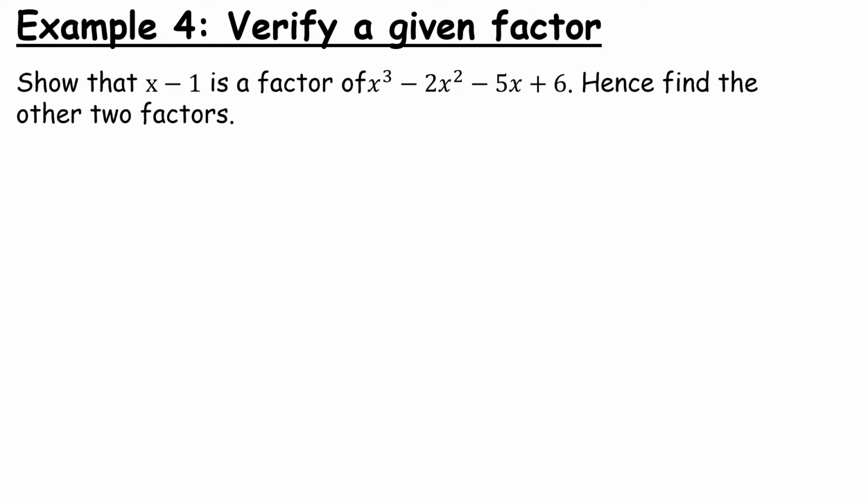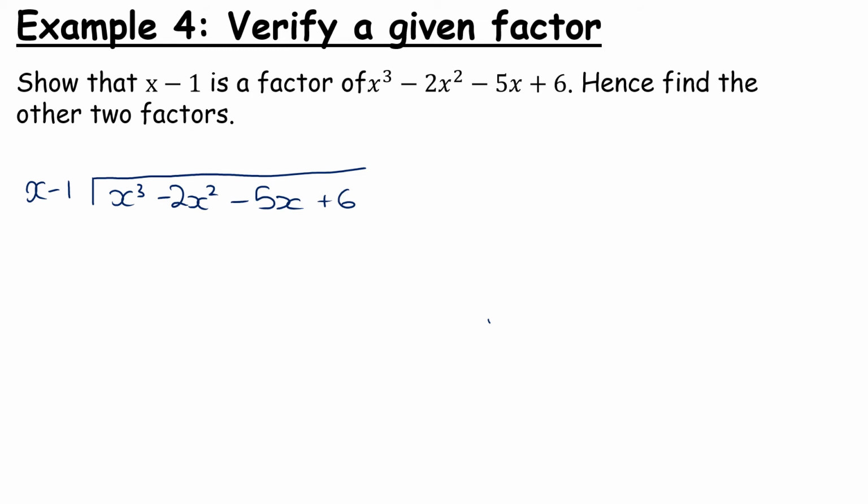So it divides in 2 times, there's no remainder. So we're going to use the same method here. So in order to do the verification that x minus 1 is a factor, we're going to actually divide x minus 1 into x cubed minus 2x squared minus 5x plus 6.